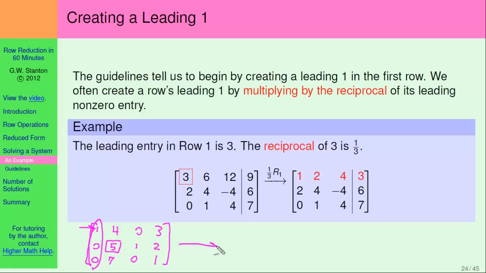Well, you might observe that we have a 4 above the 5, and that's just 1 unit away from 5. So you might think, and this is not completely unreasonable, that you could just take row 1, multiply it by -1, and add it to row 2.